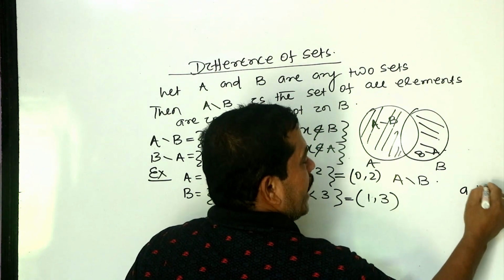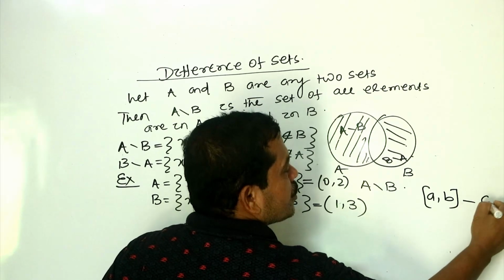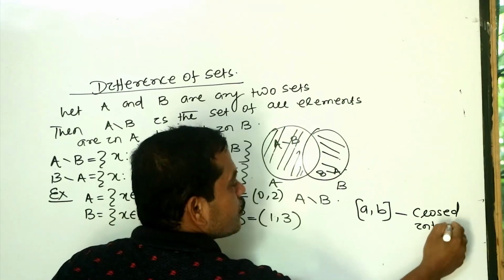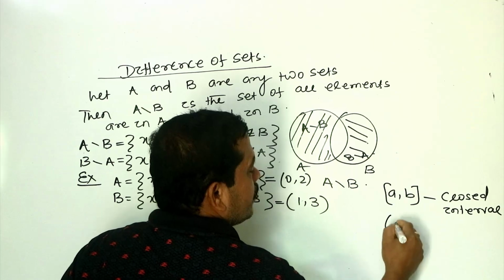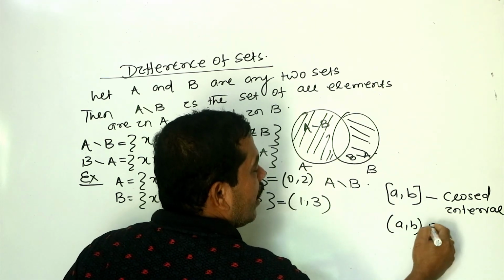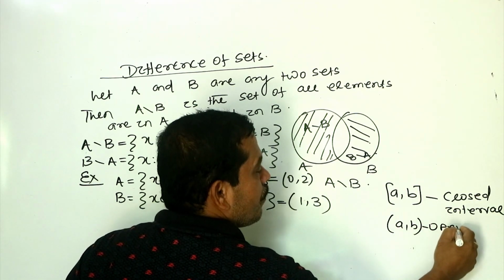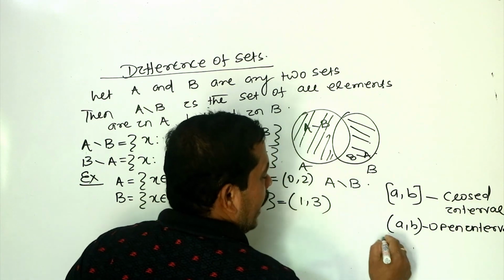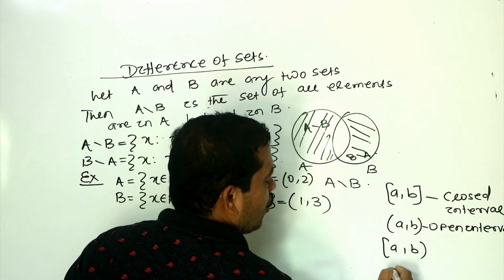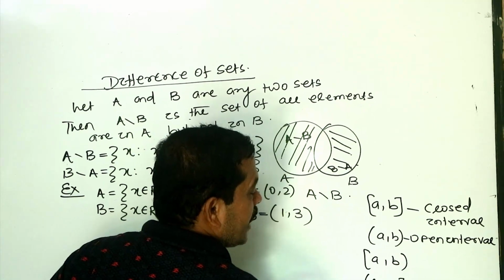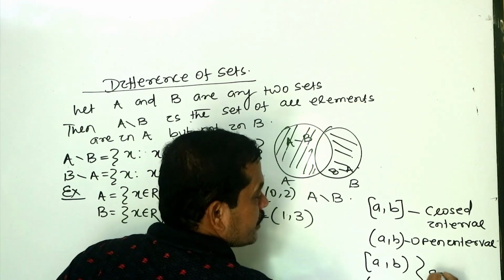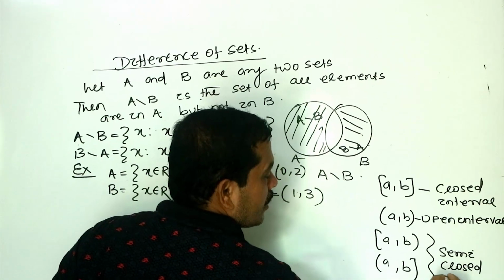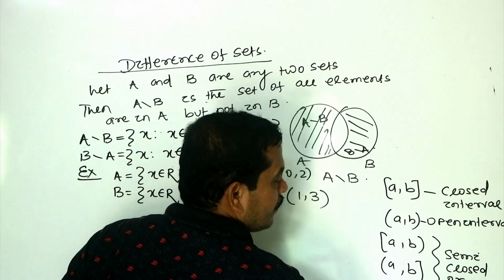There are four kinds of intervals. This is known as closed interval. This is known as open interval. And these two are known as semi-closed or semi-open.